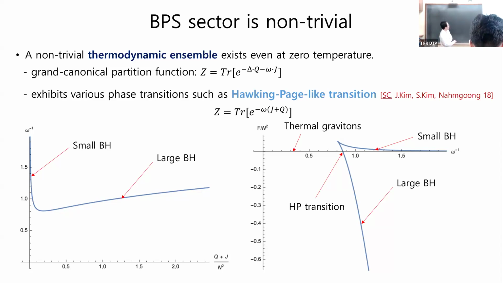You will find the small black hole branch and the large black hole branch, and you can compute the free energy of these black holes in terms of temperature. And you will find the famous Hawking phase transition between a thermal gas of BPS gravitons and supersymmetric black holes. So supersymmetric black holes behave very similar to the usual Schwarzschild black holes. So there is some non-trivial thermodynamics in this sector.